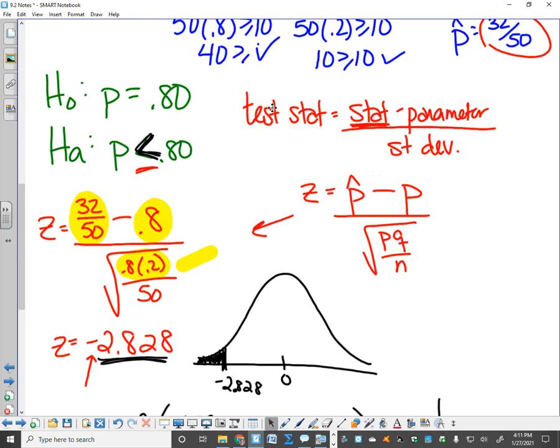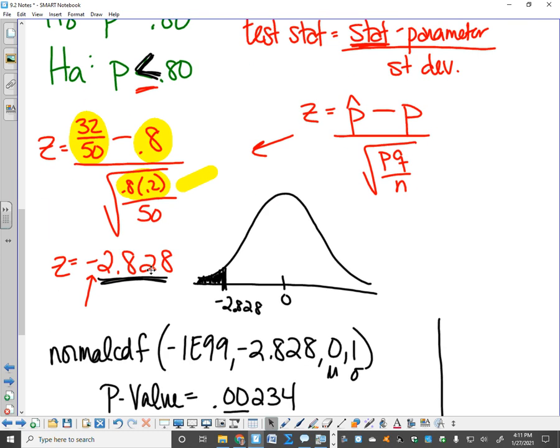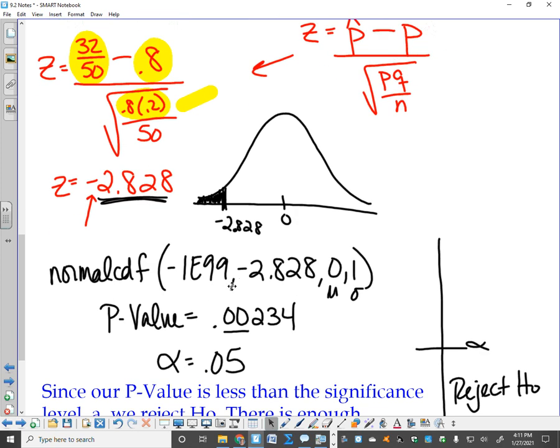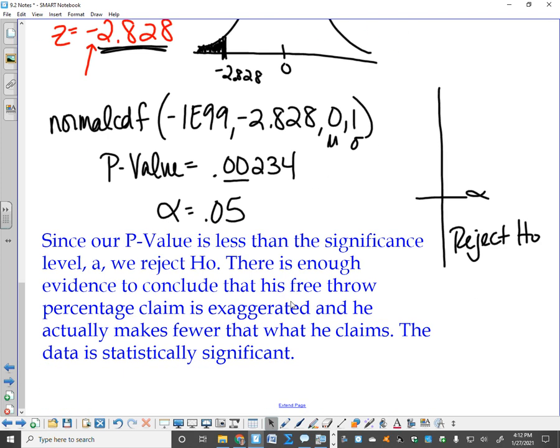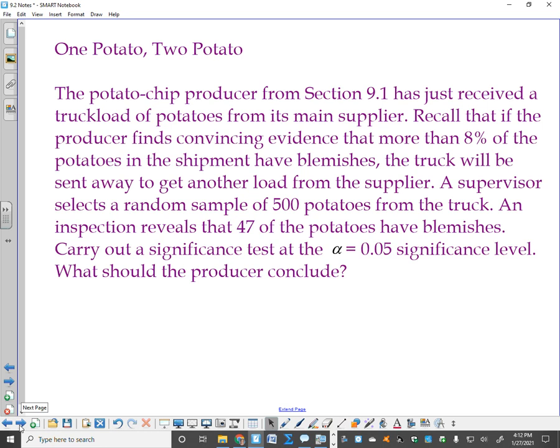Then you've got your words, your letters, your numbers. Then you take that z-score and you put it on a curve and you find the area, and that is your p-value. Then you compare your p-value to your alpha and draw your conclusion. And that, my friends, is how you conduct a significance test. Let's look at another one. And imagine that it's about potatoes.